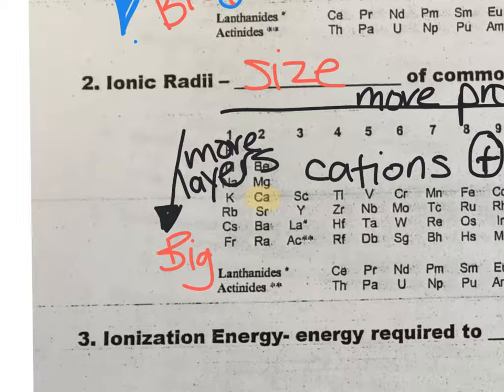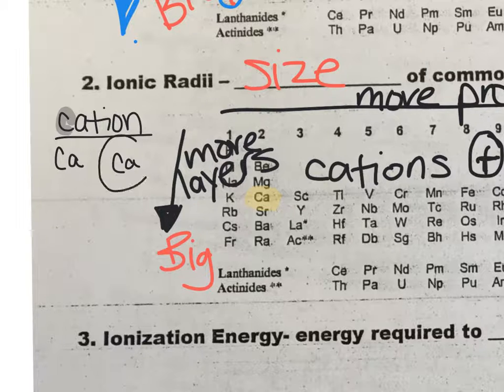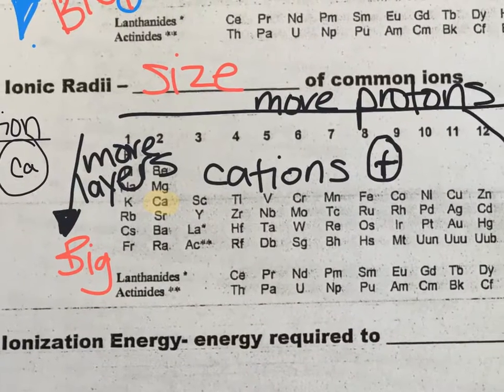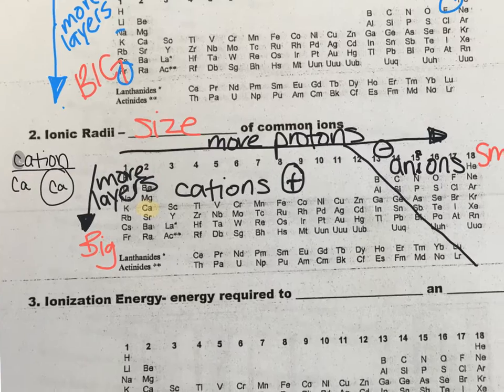So calcium would normally look like that, just a little happy little atom. But remember, everything wants to have the same electron configuration as a noble gas. How far away is calcium from that? A lot. Remember, you can go backwards and forwards.